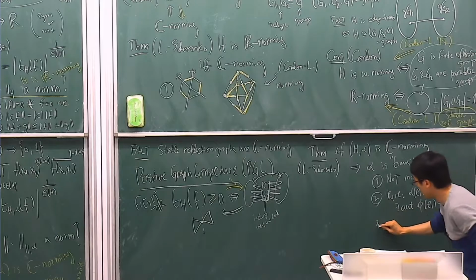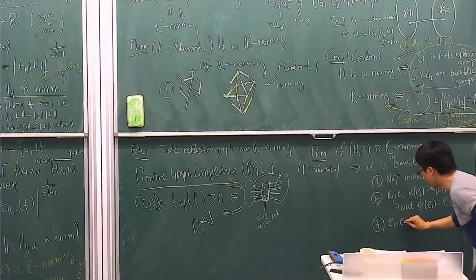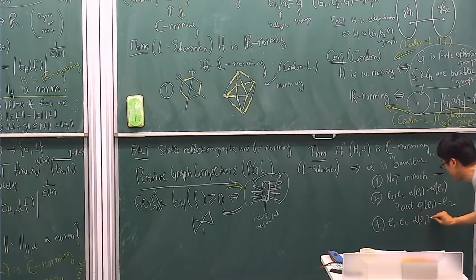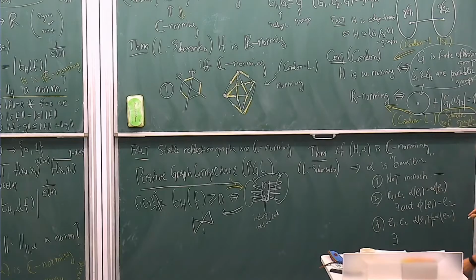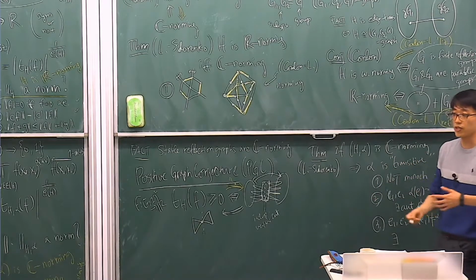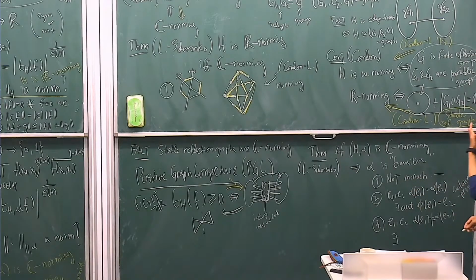And moreover, if they have different colors, then there exists an automorphism that sends E1 to E2 while color preserving. So it preserves all the colors. It maps the zero assigned edges to zero assigned edges, and so on.